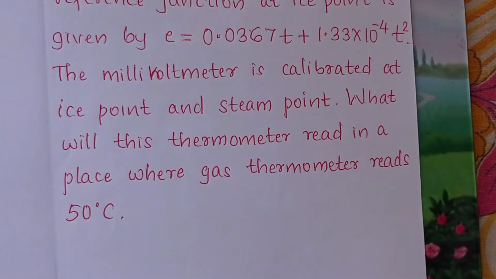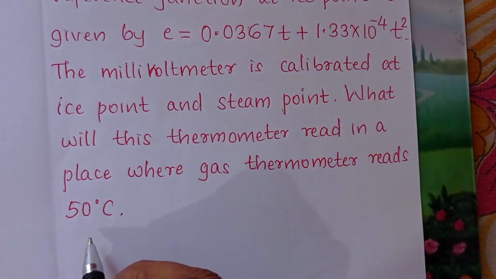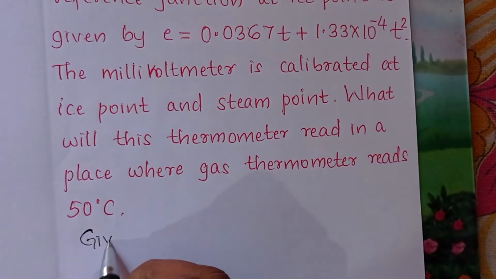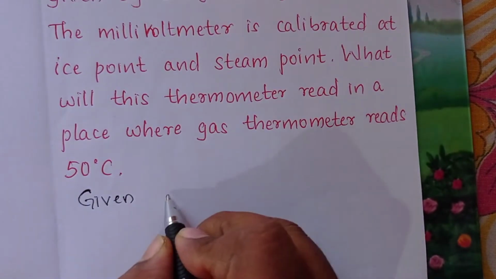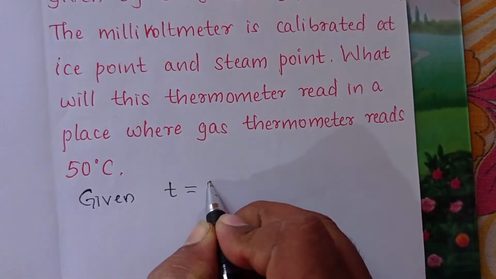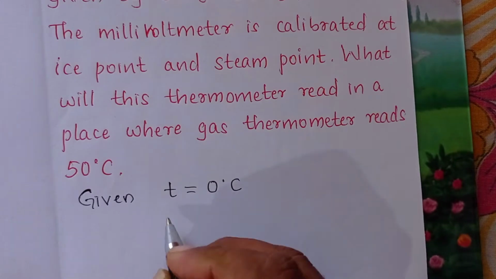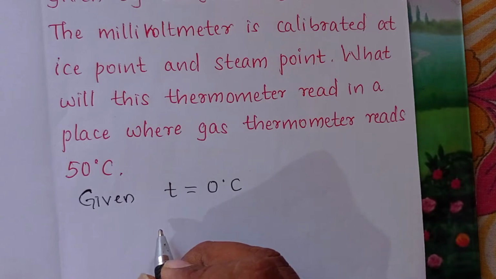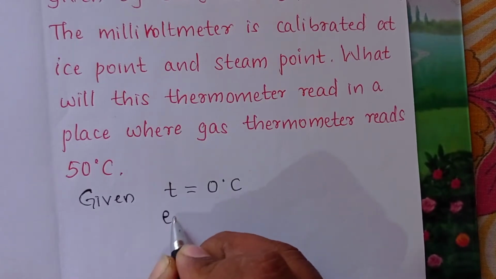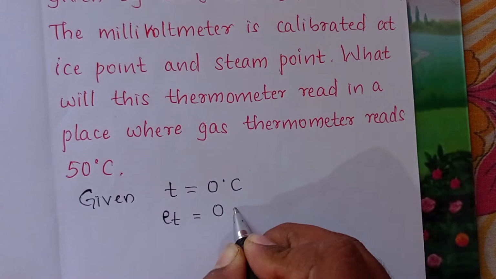So let us write the things given in the problem first. Given, when temperature T is equal to 0 degree centigrade, even the gas thermometer also reads 0 degree centigrade. So I can write E also will be equal to 0 millivolts.